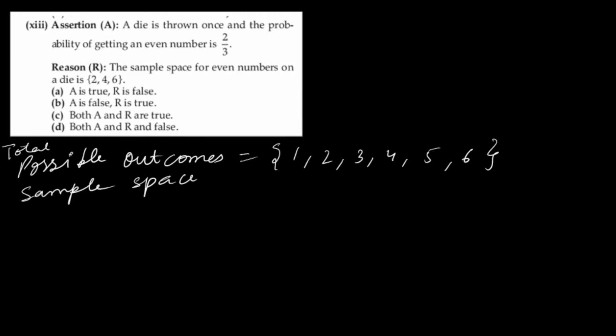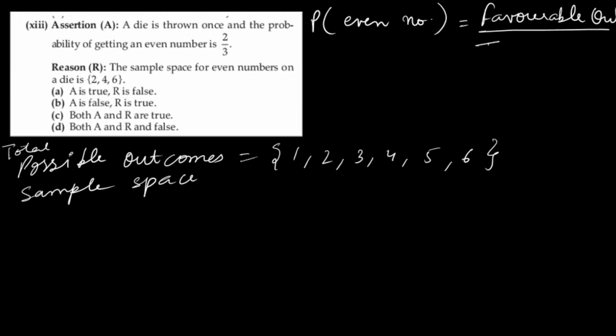Now they are asking the probability of getting an even number. The probability formula, you know, is favorable outcomes by total outcomes. How many even numbers are there? 2 is even, 4 is even and 6 is even.